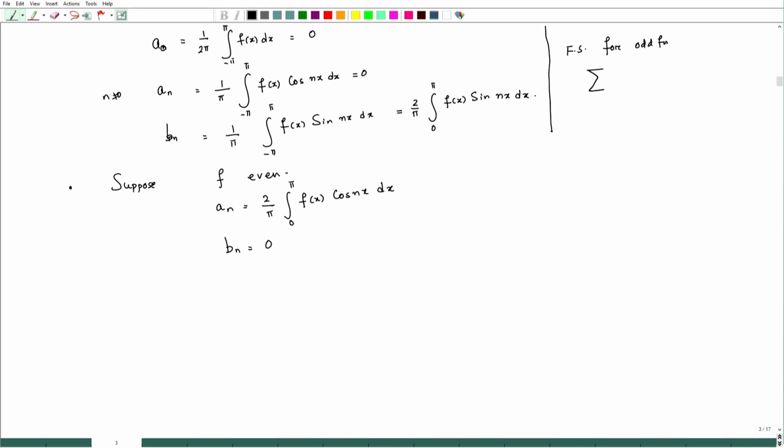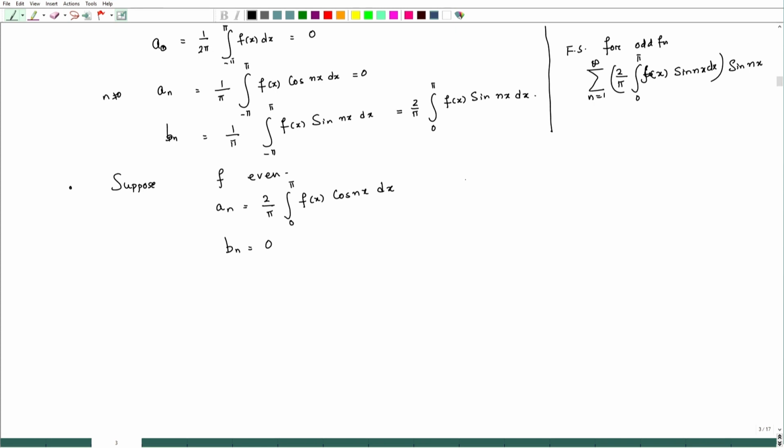Therefore, the Fourier series for an odd function is nothing but the a_n's are 0. Therefore, this is the sum from n equal to 1 to infinity of 2 by pi, integral of f(x) sin(nx) dx, times sin(nx).